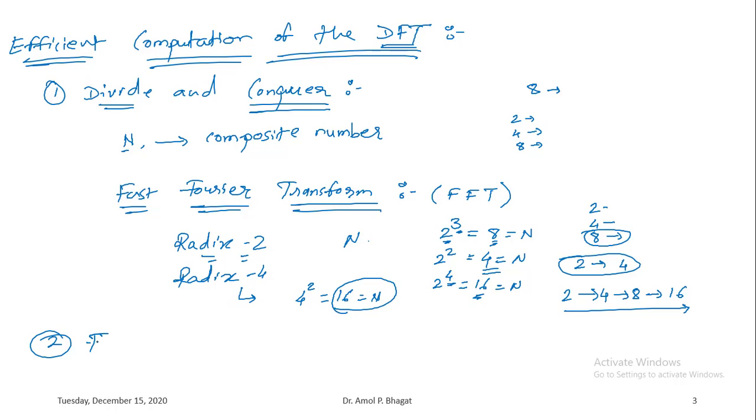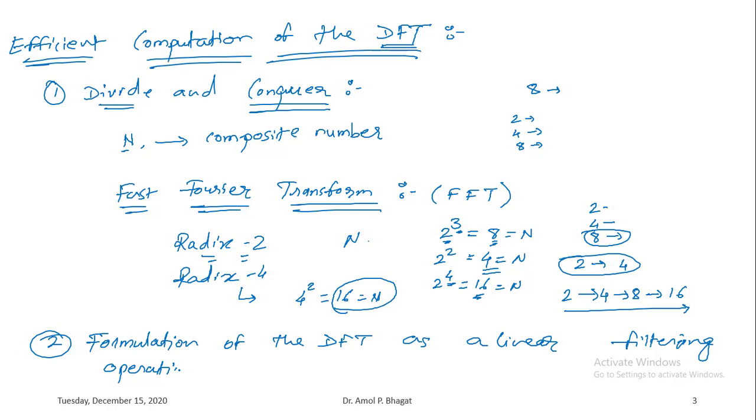So the second approach for the efficient computation of the DFT is formulation of the DFT as a linear filtering operation on the data. In this approach there are two algorithms.